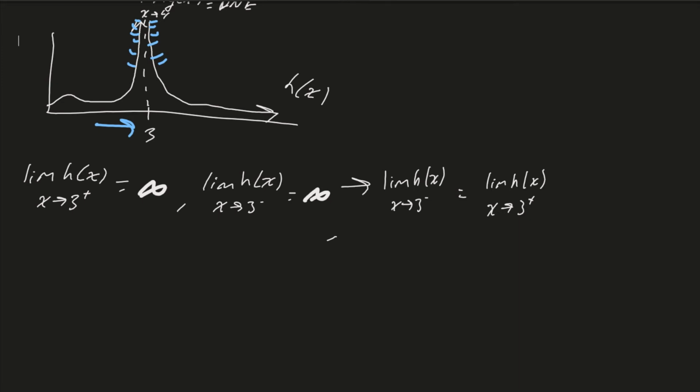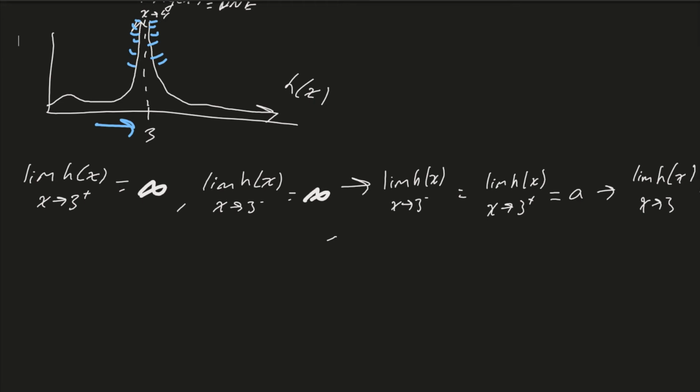We'll say that our limit on our left-hand side and our right-hand side are equal to some value a, and therefore our general limit is going to be equal to the same exact value a. So as x approaches 3 without any right or left, it's still going to be the same exact value a. And that's going to be the case in any case in which your left-hand limit is equivalent to your right-hand limit. The general limit exists, whether it's a finite number or an infinite number.